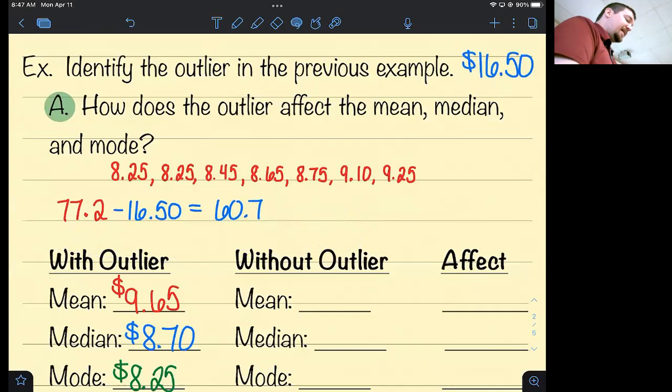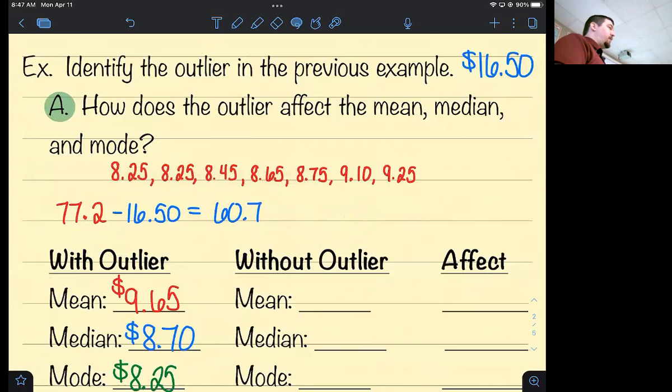Now that's why I wanted you guys to write down what we got when we added them together. And that's why on your homework tonight, I think it's also going to be a really good idea to write down what you get when you add them all together, because you know the next question they're going to ask you is how is the outlier affecting it? And so you have to then take away. It's so much easier just to subtract one number from our total than have to add all 7 numbers together again. So our new total is 60.7.